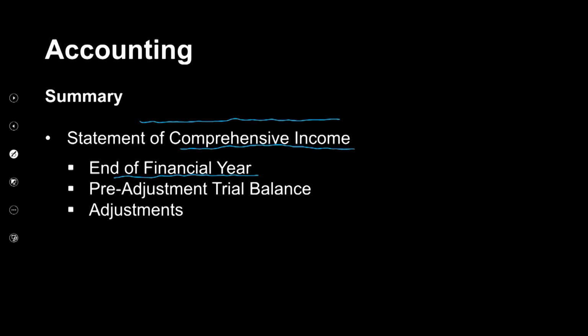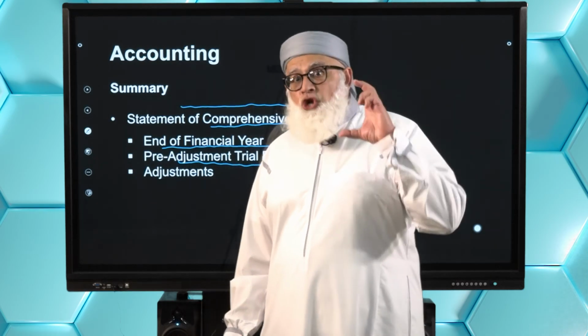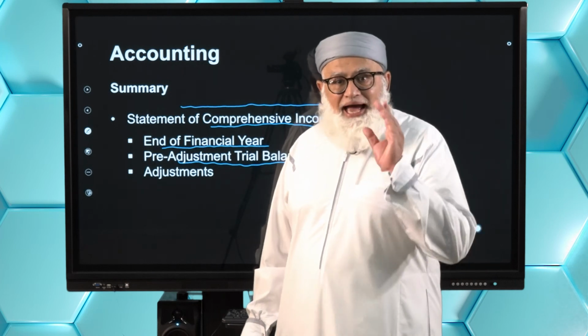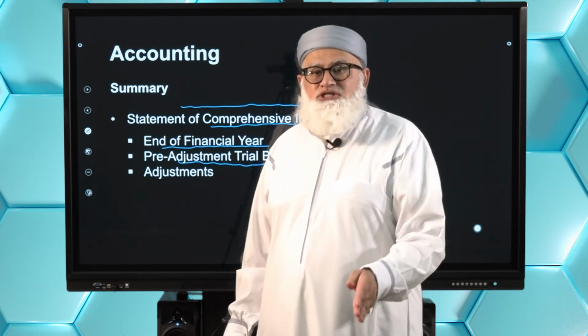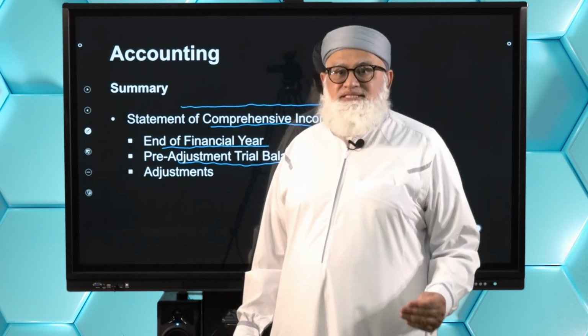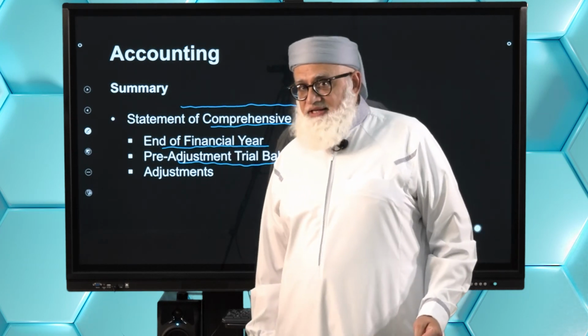Okay? You start off with your pre-adjustment trial balance, right? That means all the figures that appear in your pre-adjustment trial balance under the nominal account section are the items that you're going to indicate on your income statement, or your statement of comprehensive income.